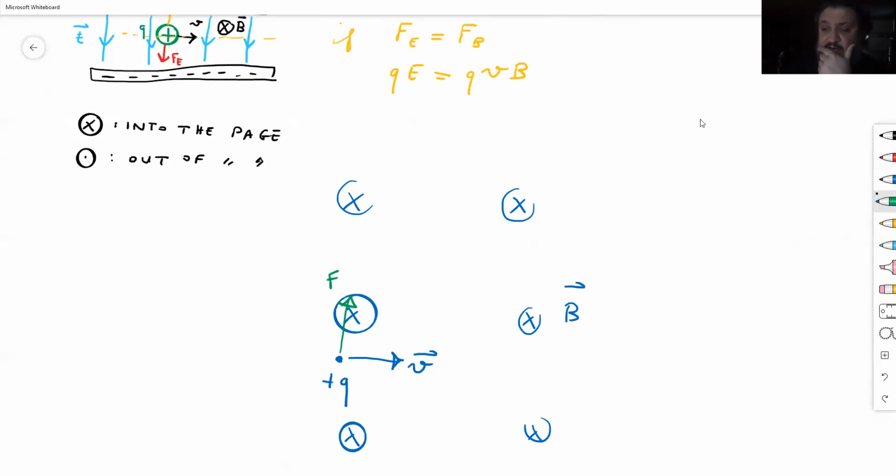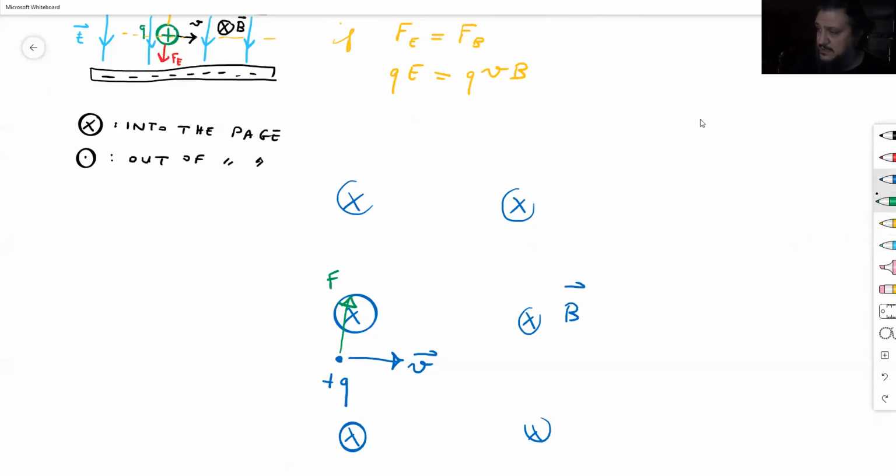Does it mean it's gonna go up? No, it already had a velocity, remember, to the right. Think of projectile motion, okay? You give it the horizontal velocity, but Earth pulls it downward, so it starts to change its direction. So what you expect here, in a fraction of a second, this particle will not move to the right, not to the left, but somewhere in between.